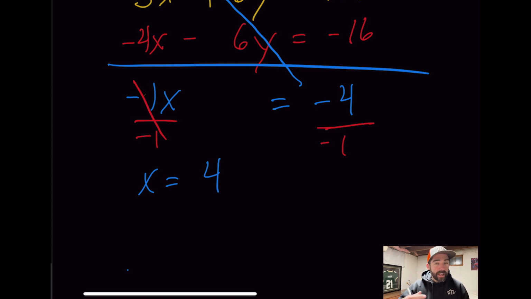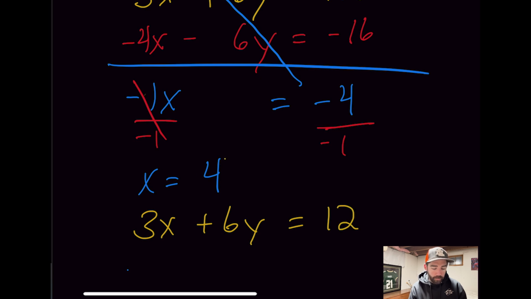Now we just take that x value and plug it into either equation. It doesn't matter which one. Let's plug it into the second equation since we did the first one last time. Remember, that second equation is 3x plus 6y equals 12. We're going to take this 4 and plug it in right there for x.